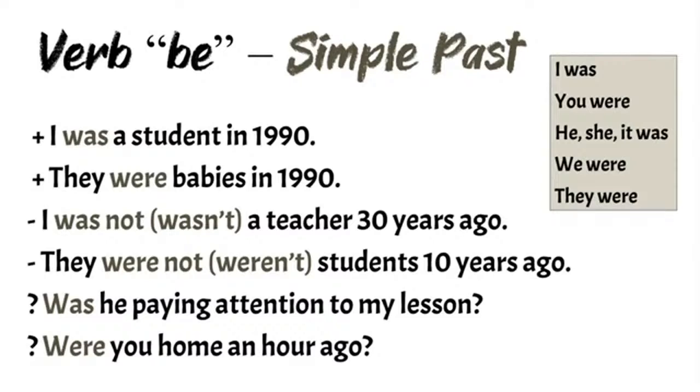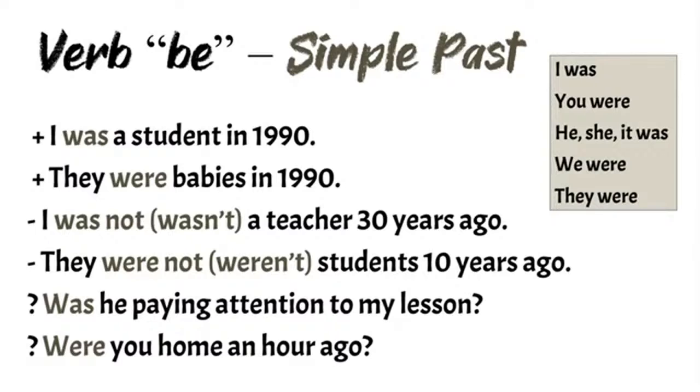They were babies in 1990. These are positive sentences. What happens with negative sentences? We just add not after the verb to be. I was not, I wasn't a teacher 30 years ago. They were not, they weren't students 10 years ago.